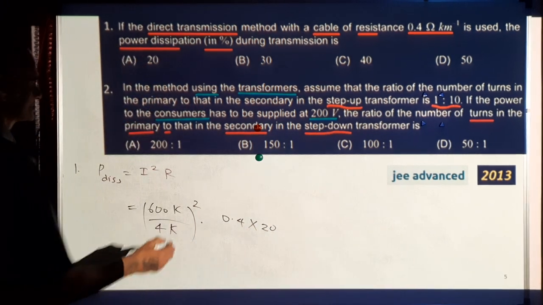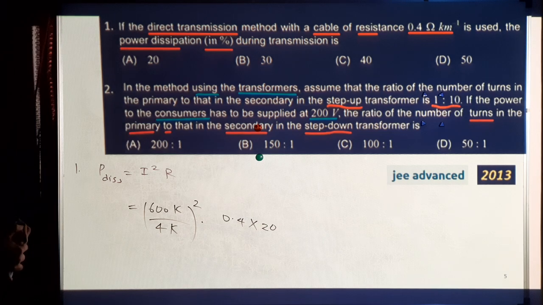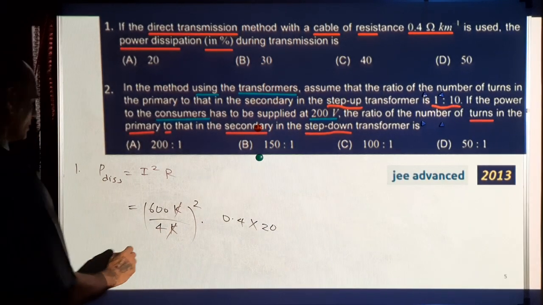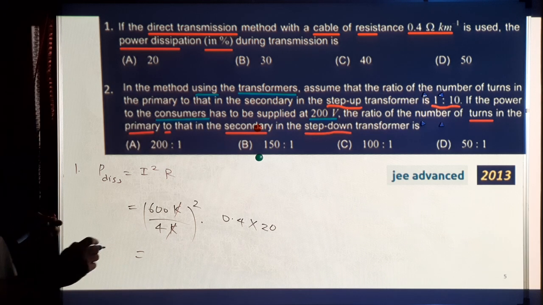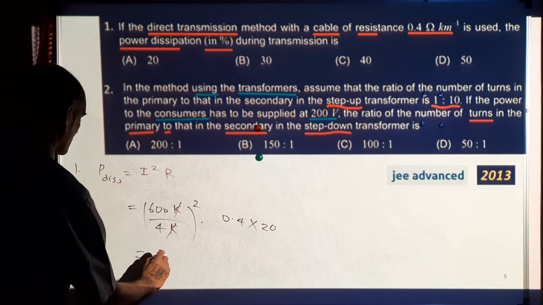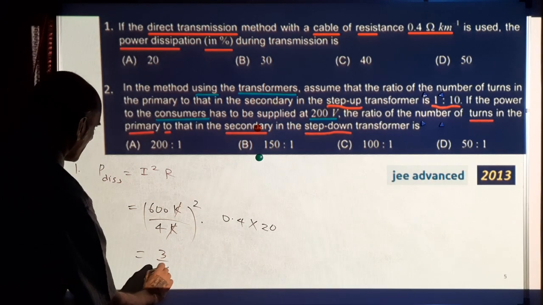This is the total resistance of the cable. So it will be 3.